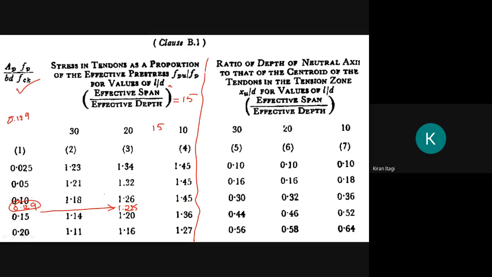For 10, 1.45 and 1.36, I am getting 1.412. Just a moment, sir, I'm doing. Jayant, Ankita, what about others? What did you get? Yes, sir, calculating. 1.225. Okay, Ankita.